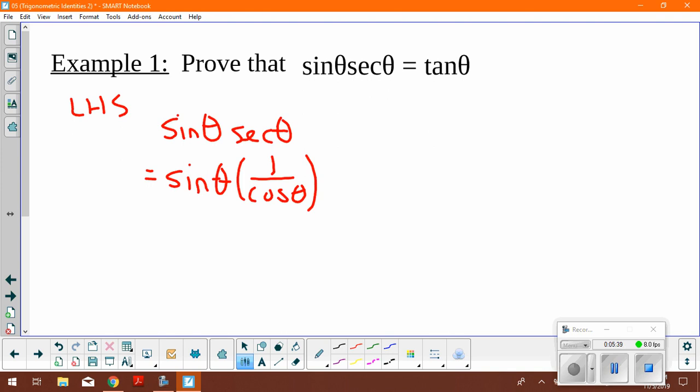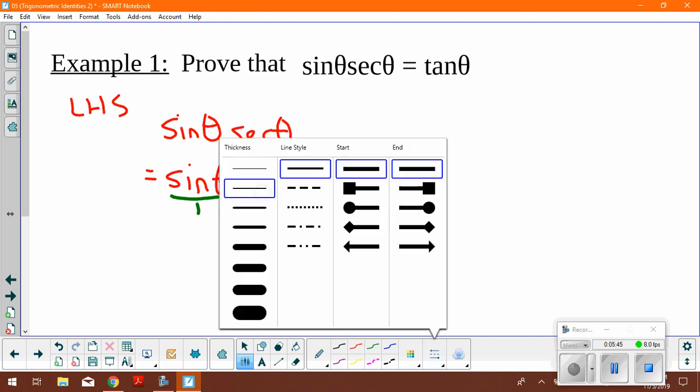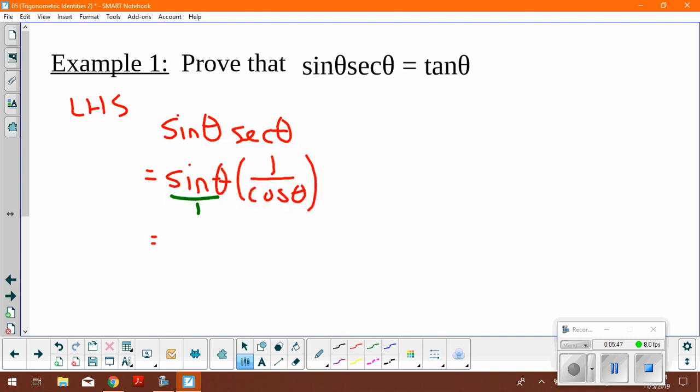So if I want to multiply these together, and again, it's a little fraction view, this would be like sine over 1. So if I multiply those together, I'm going to get sine theta over cos theta. And again, we know from the identities yesterday that sine over cos is equal to tan.